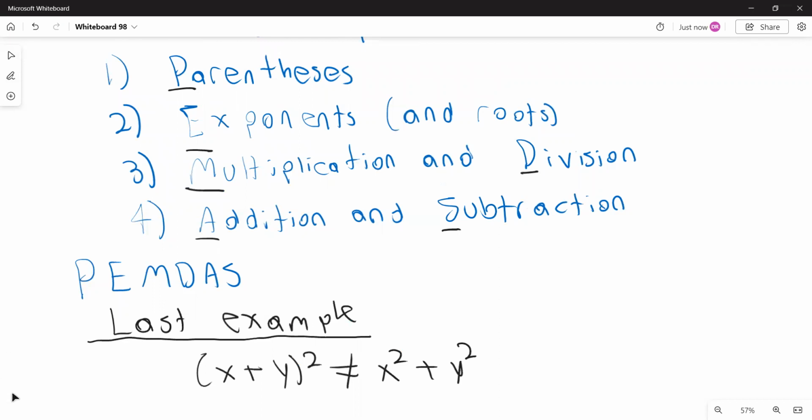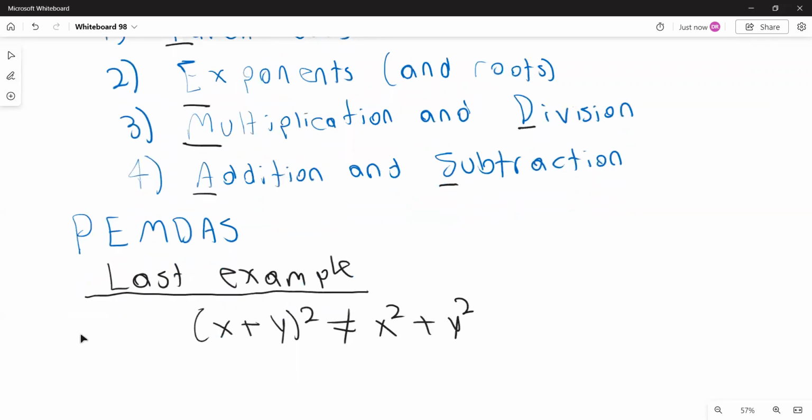The other example I did was the square root. The square root of x plus y is not square root of x plus square root of y. Because the order of operation matters. First, you need to simplify whatever is inside the square root, and then take the square root.